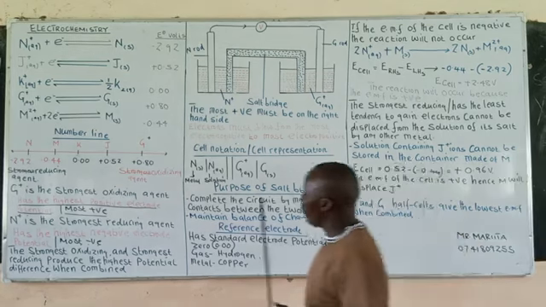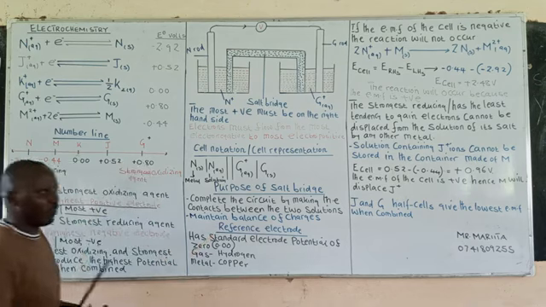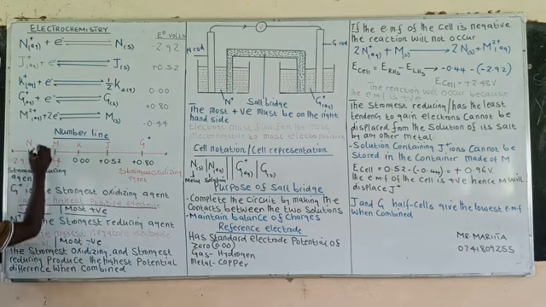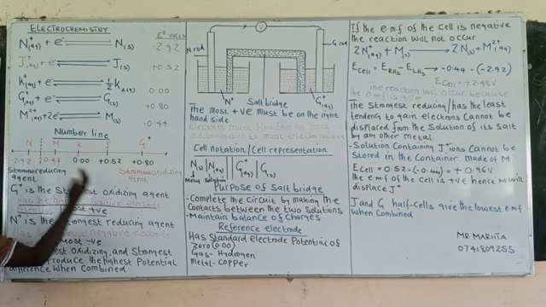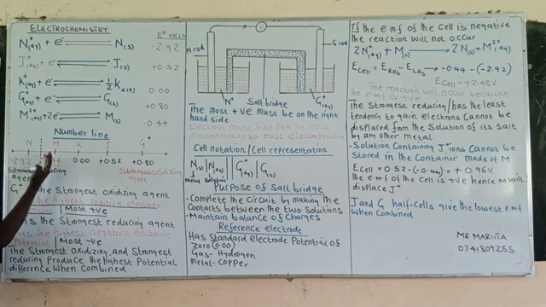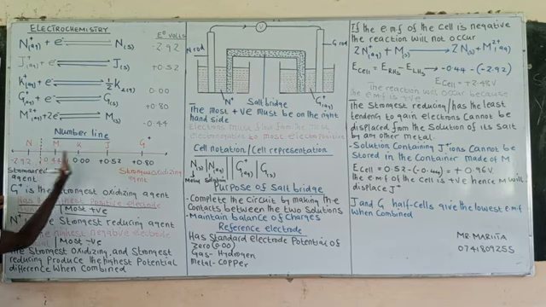For example, we are comparing the substances N and M. This M is on the right hand side, and N is on the left hand side, as you can see on the screen.